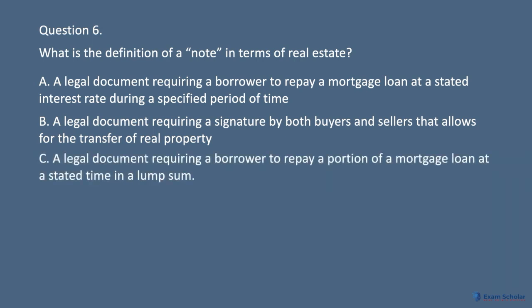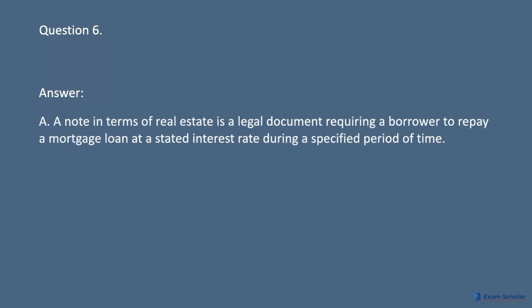C. A legal document requiring a borrower to repay a portion of a mortgage loan at a stated time in a lump sum. D. None of these. Answer. A. A note in terms of real estate is a legal document requiring a borrower to repay a mortgage loan at a stated interest rate during a specified period of time.